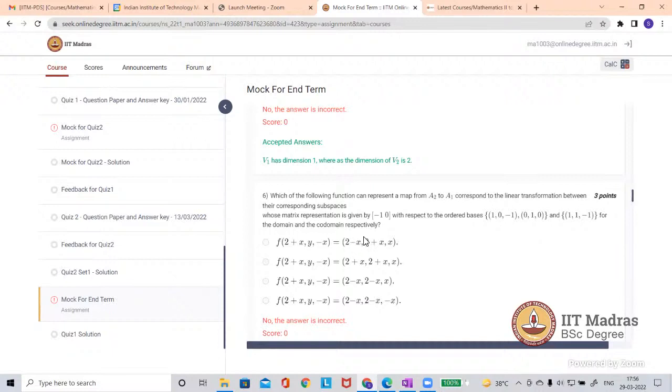If you remove the constant term from each option, you can see which option is going to be correct. All options are different from the right side: this is minus, this is plus, this is plus, minus, plus. So if you find T, that is enough to decide which option is correct.